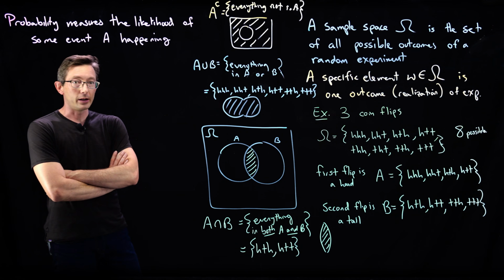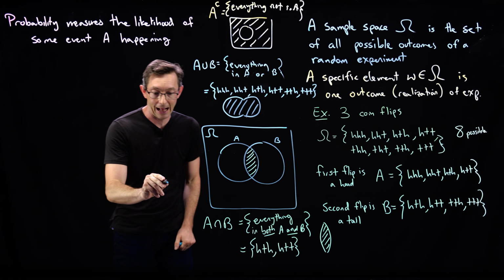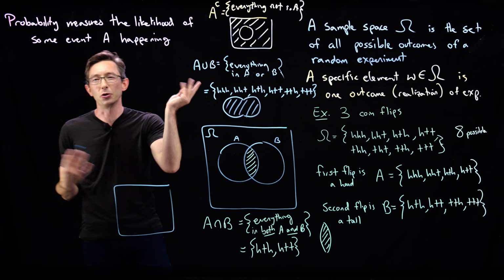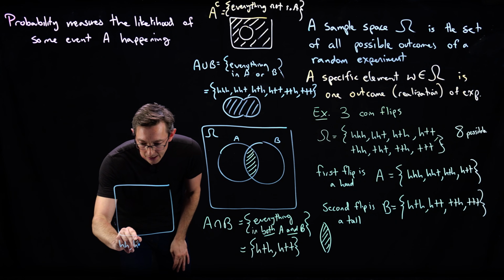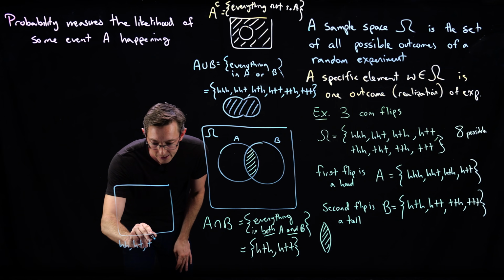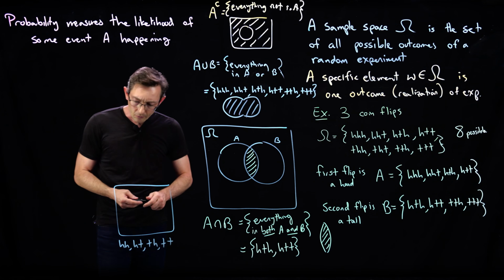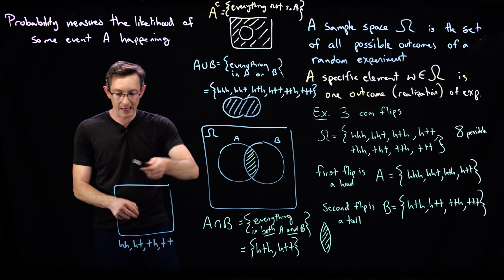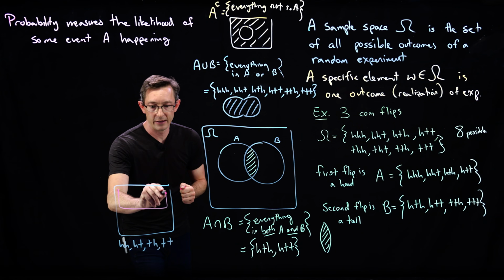If I wanted to be really, really accurate, what I'd actually draw, maybe forget 3 coin flips, let's just say there's 2 coin flips, make my life a lot easier. So I have heads, heads, heads, tails, tails, heads, and tails, tails. What I could do is say that the first flip being a head would be all of these.